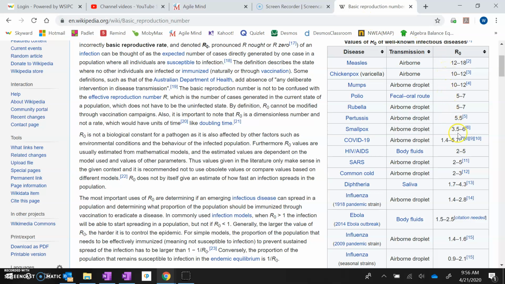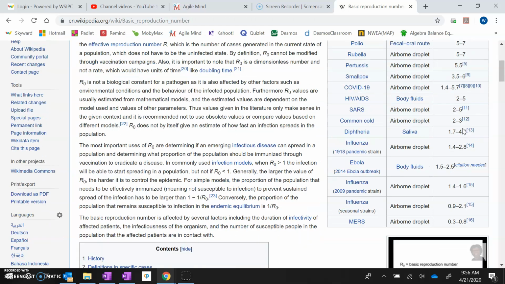If you go down to smallpox, a little bit less contagious, but still very contagious. Notice the ones that are spread by airborne droplets have higher numbers, but where you have something like bodily fluids or saliva, a lot less of that happening. You don't just happen to do that when you're at the grocery store. These are people that you're near. They have lower infection rates. So this is the number of infections per one infected person on average.